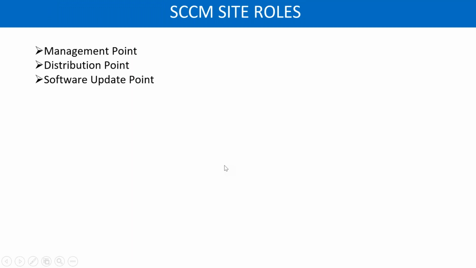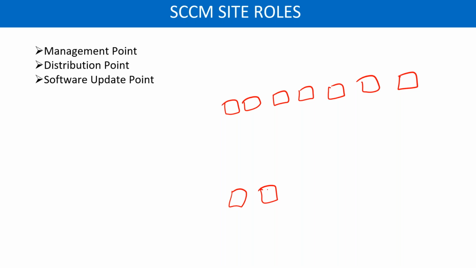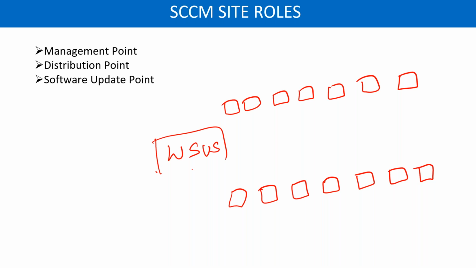So suppose you have 40,000 computers. You can't ask people to go ahead and update their systems one by one, because you will not have track of how many systems got the update, how many systems do not have the update, how many systems are still on an old version. That is the reason we need our internal server, WSUS. WSUS is Windows Server Update Services.